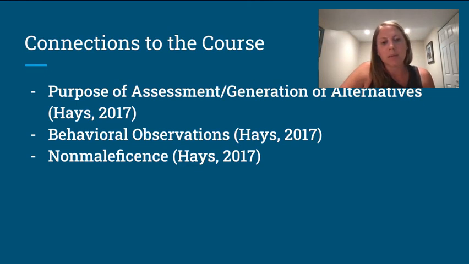And so being able to identify that to target the behaviors could be really helpful. As well as what I had said before, the idea of ethics and non-maleficence. In a situation where a student has severe test anxiety, asking the question, is it actually really beneficial to give that student an assessment? What is the purpose of the assessment? And is it going to do more good than it is going to do harm? Something to consider.